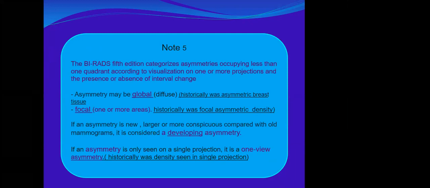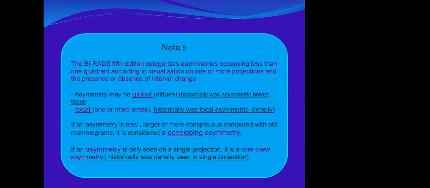If it is changed, it will be a developing asymmetry, and it is a new one. If it is diffusely occupying a quadrant or so, we call it a global asymmetry, and historically we said it was asymmetric breast tissue, but now it should be just global asymmetry.